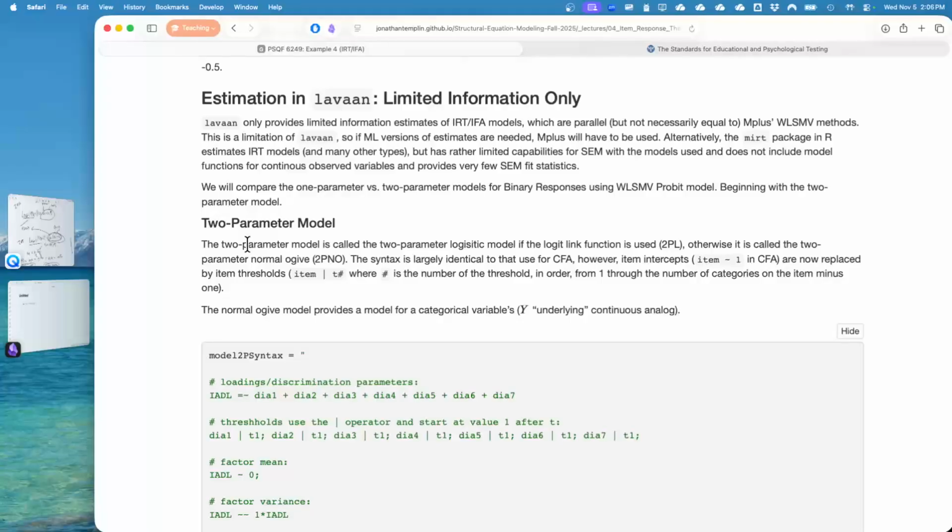We can't do that with binary data. In fact, we can't do that with anything but the normal distribution, at least not that I'm aware of, or that we've discovered yet. Let's put it that way. So if we were to do full maximum likelihood on IRT, we would have to get a likelihood function that didn't have our latent variables in it, and we would have to do something called numeric integration.